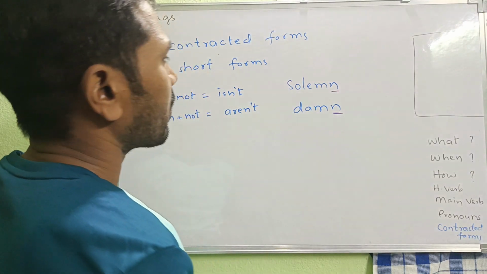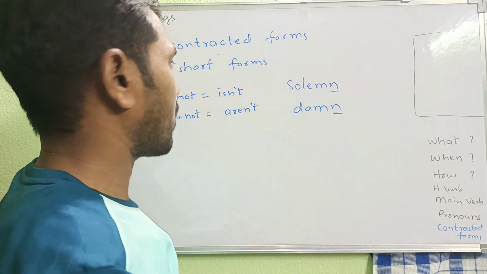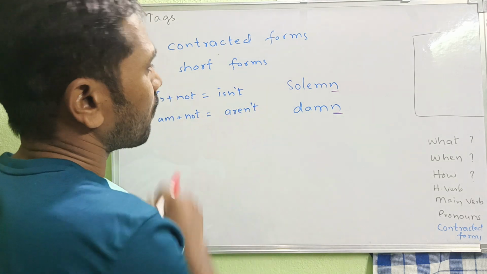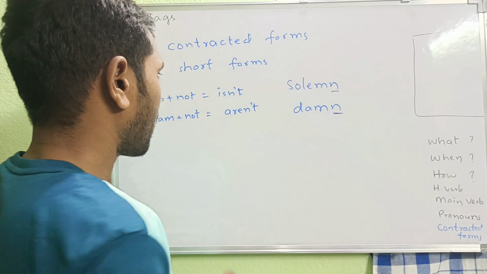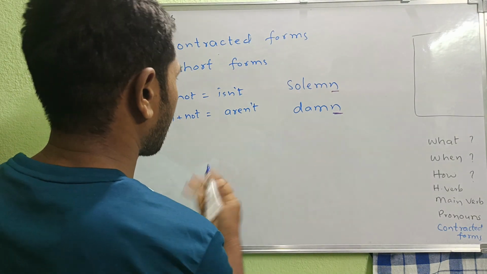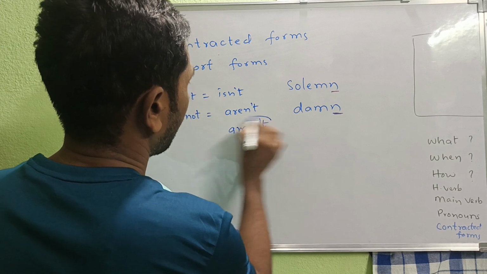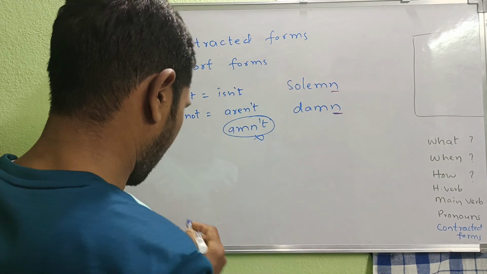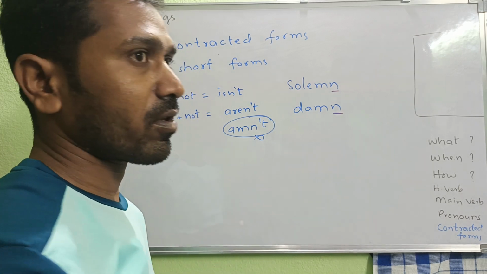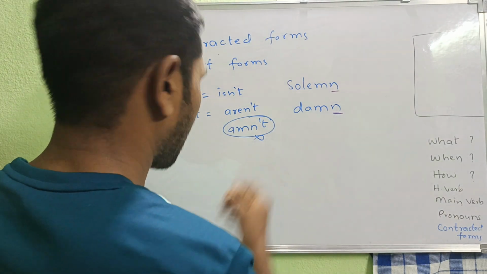So they make the letter n silent when n falls after m. That is why 'amn't' may not be possible to pronounce. I think they have chosen 'aren't' instead of 'amn't' because it's not possible to pronounce.